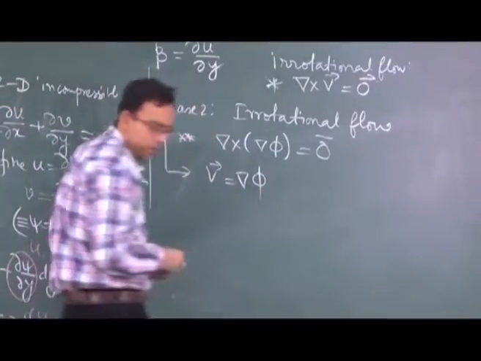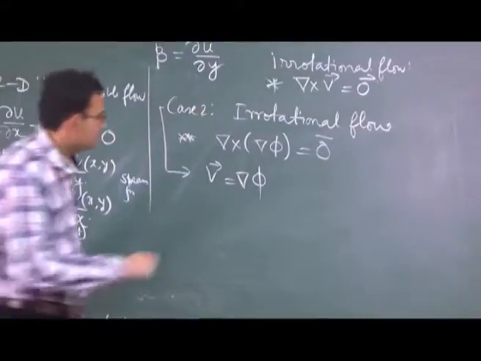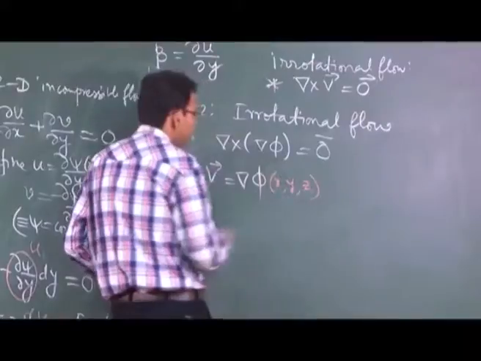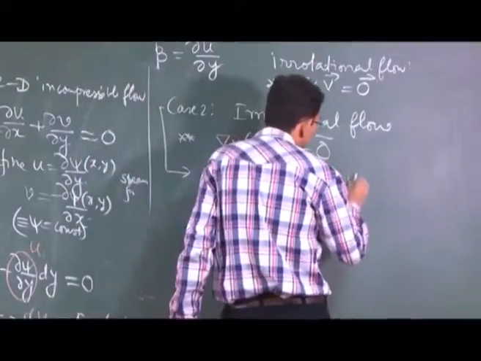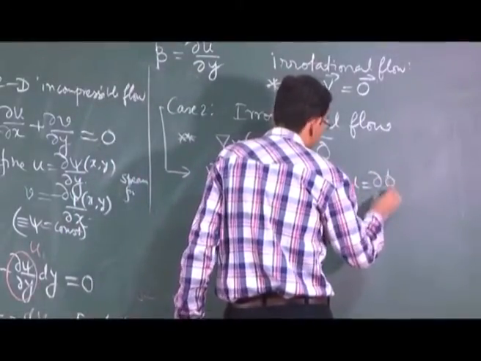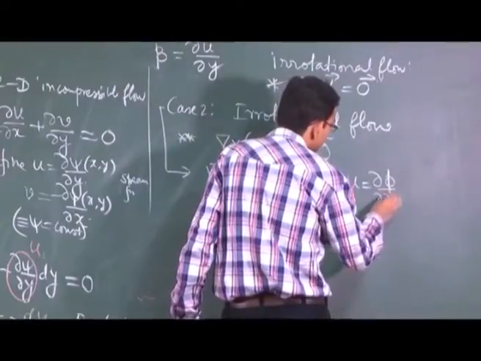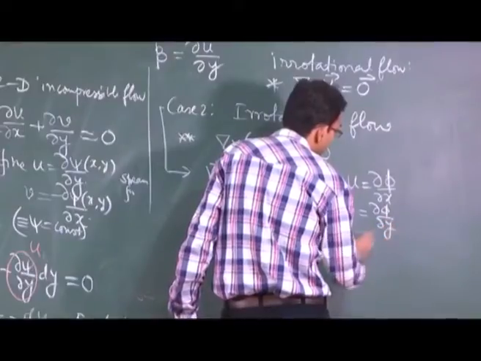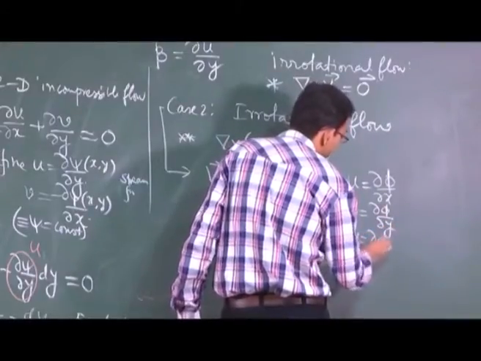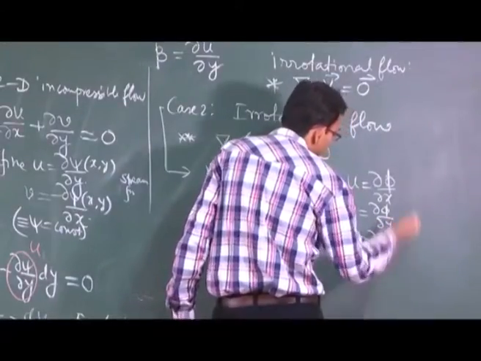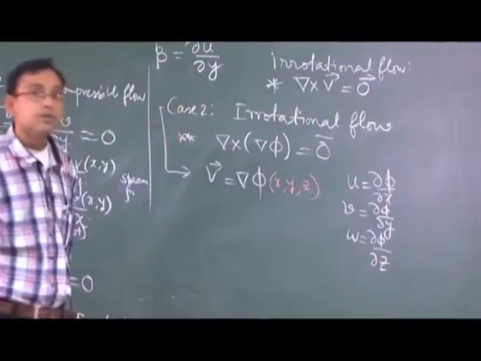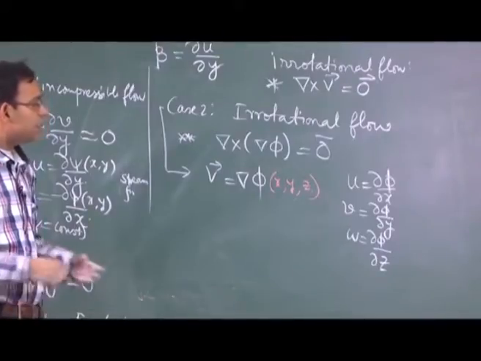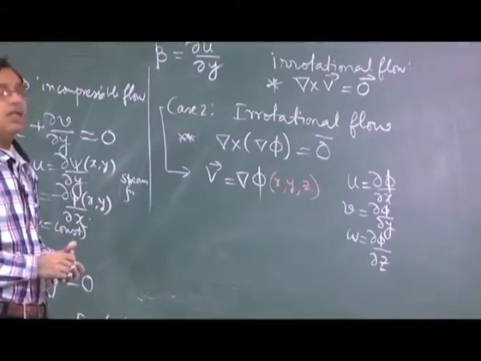This is a function of x, y and z because it is, in general, a 3-dimensional parameter. So, the corresponding scalar components are u is equal to del phi del x, v is equal to del phi del y and w equal to del phi del z. So, this velocity potential is physically reminiscent of an irrotational flow.